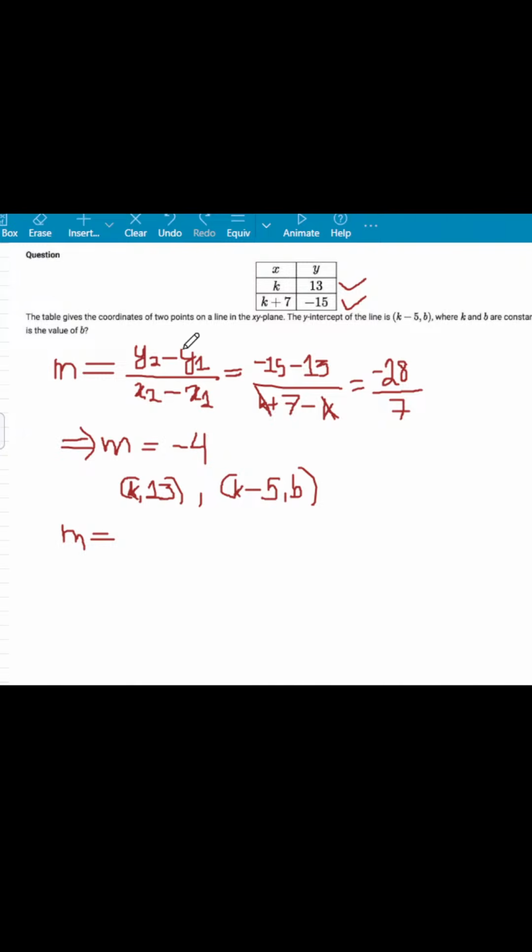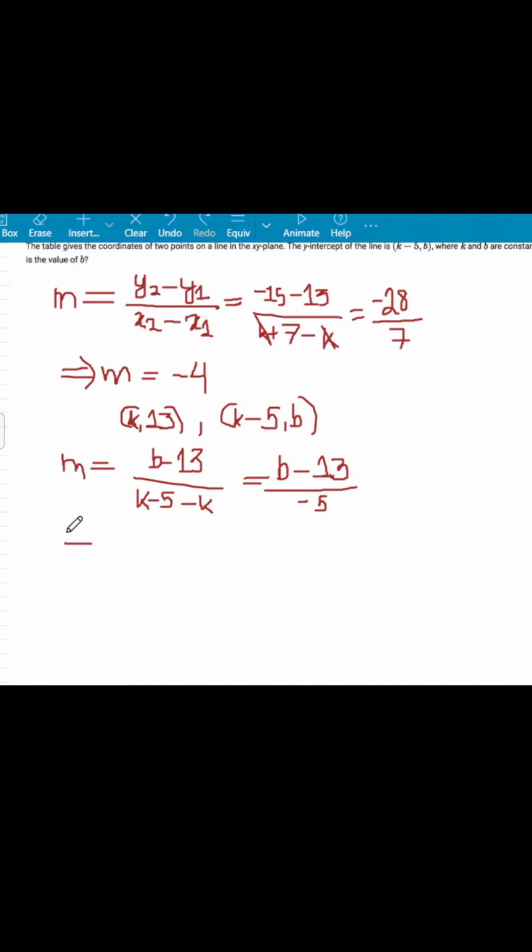So m equal to y2 minus y1, so that is b minus 13, divided by k minus 5 minus k. This is b minus 13 divided by, the k cancels out and it will be minus 5.